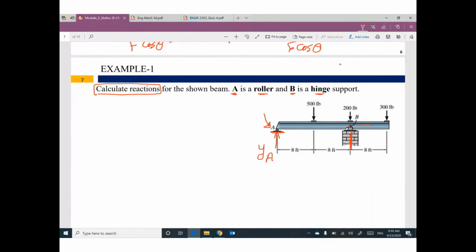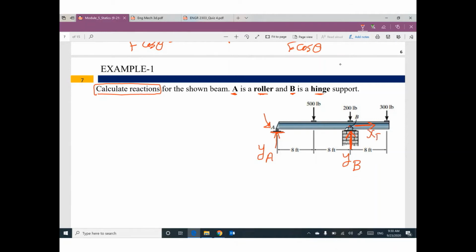Which direction do I assume? As you like. I will assume this one vertically up and this one in this direction. It's up to you. But remember, the vertical reaction I'm going to label YB, and the horizontal reaction I'm going to label XB.